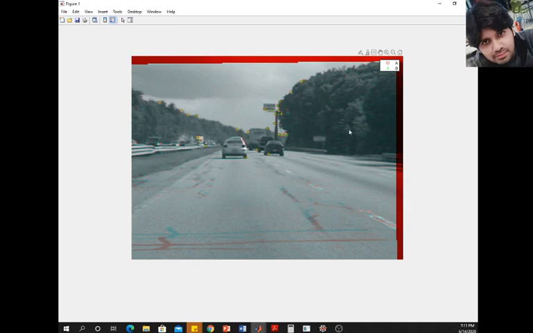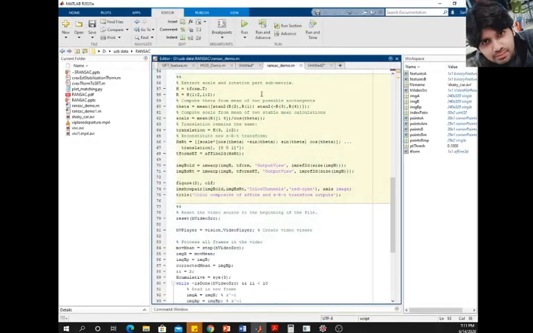But in this case you will see this particular red frame, because as we are matching the key points, this will create a kind of padding problem here. But it's okay, because the main problem is to align the video for all the subsequent frames.